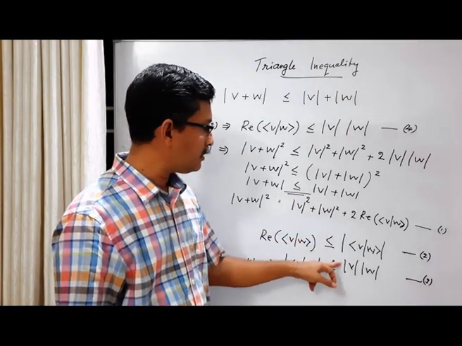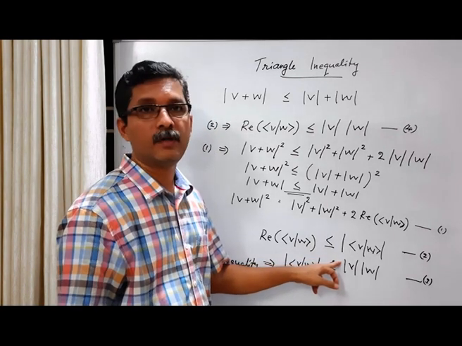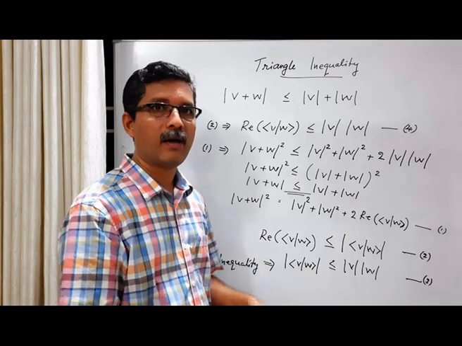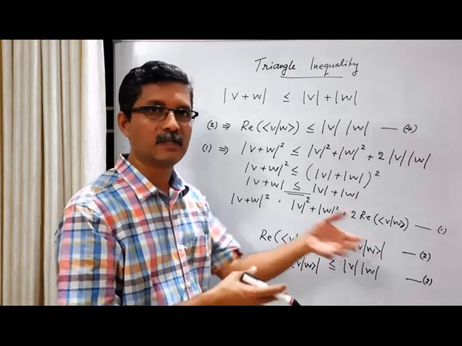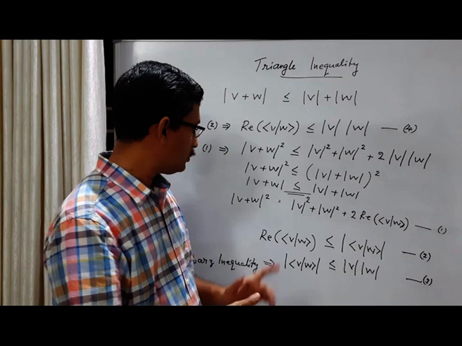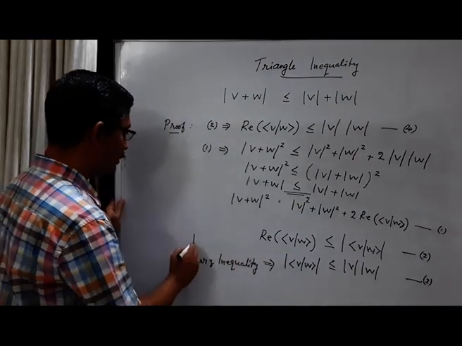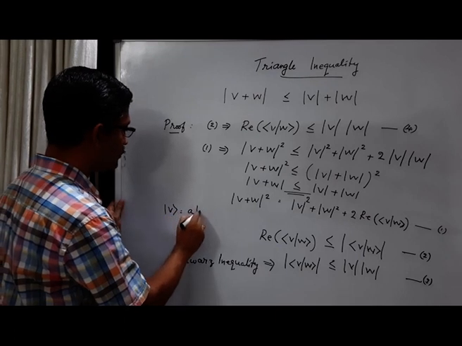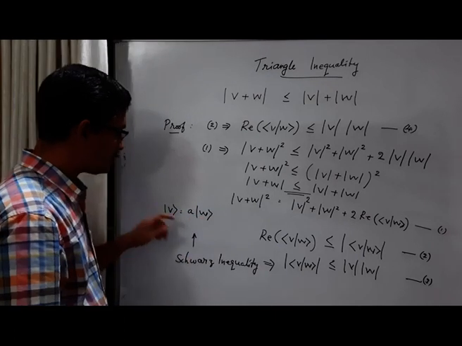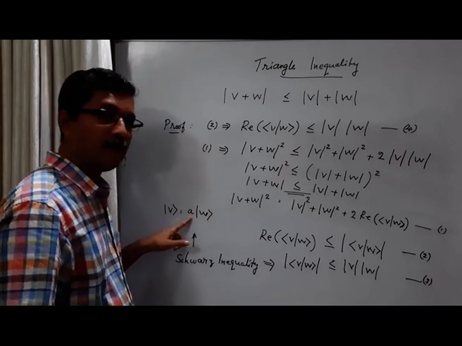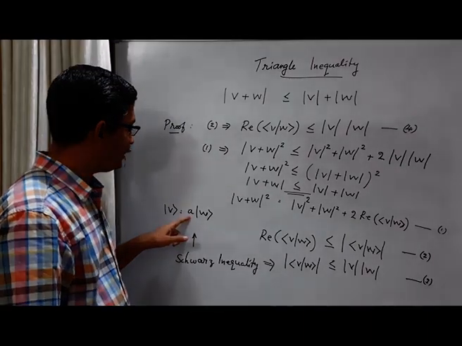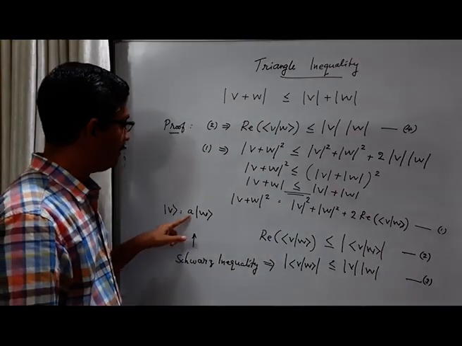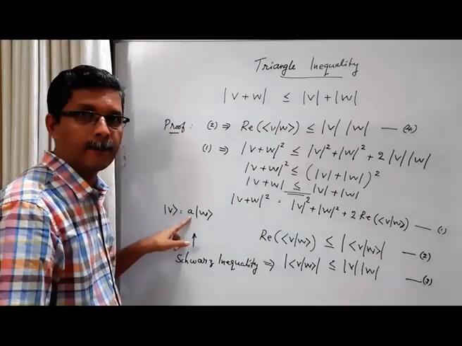We already know the condition for Schwarz inequality to become equality: the two vectors V and W are parallel to each other, or we can say V is some scalar multiple of W. So the condition is ket V is equal to some A times ket W. Let us take this A as a real number. It can be positive or negative, then V and W are parallel to each other, but let us insist that this is a real positive number.